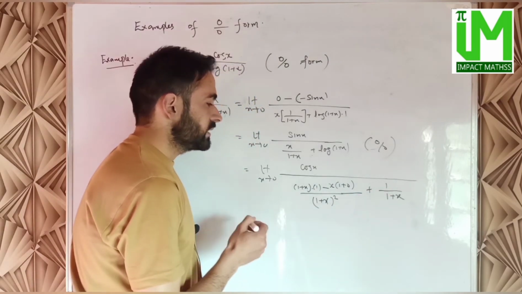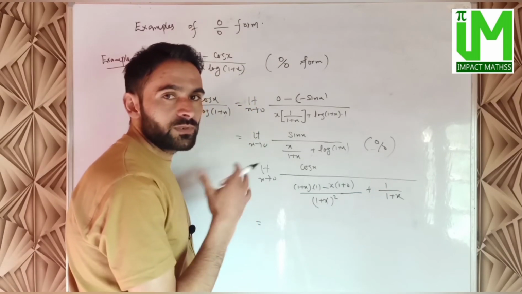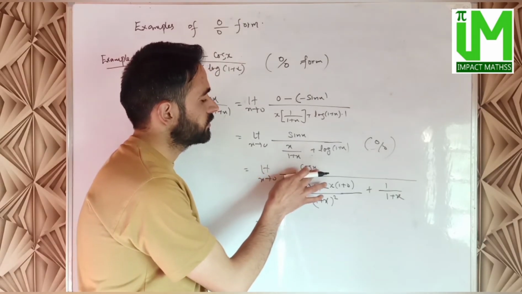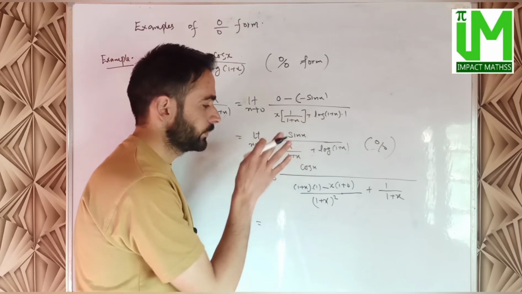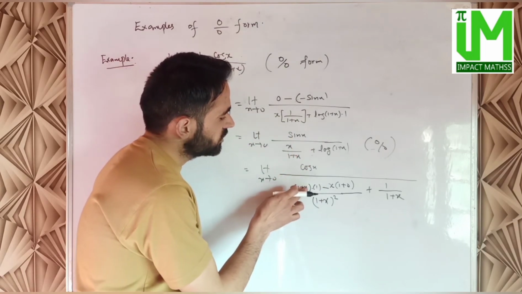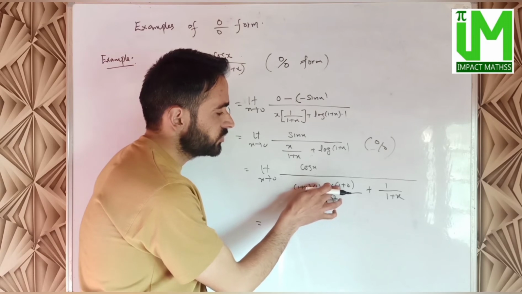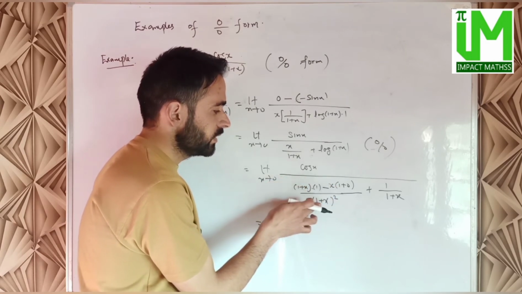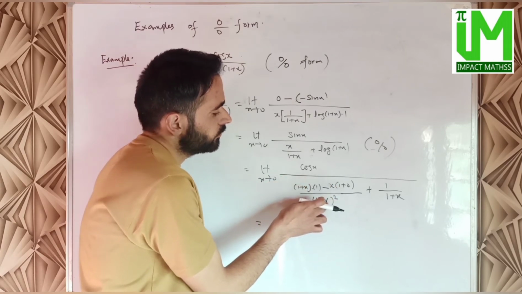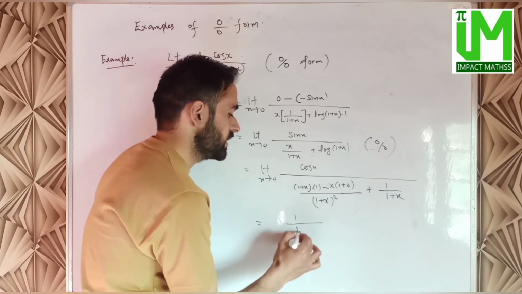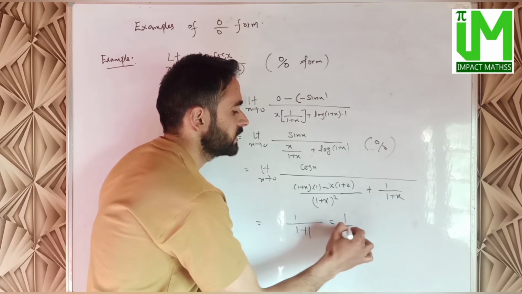So now we can again check whether the indeterminate form has been avoided or not. X approaches 0, so it will be cos 0 over 1 plus 0, which is 1, and here 0, so it will be 1 here, plus 1. So it will be 1 divided by 1 plus 1, so overall its limiting value will be 1 by 2.